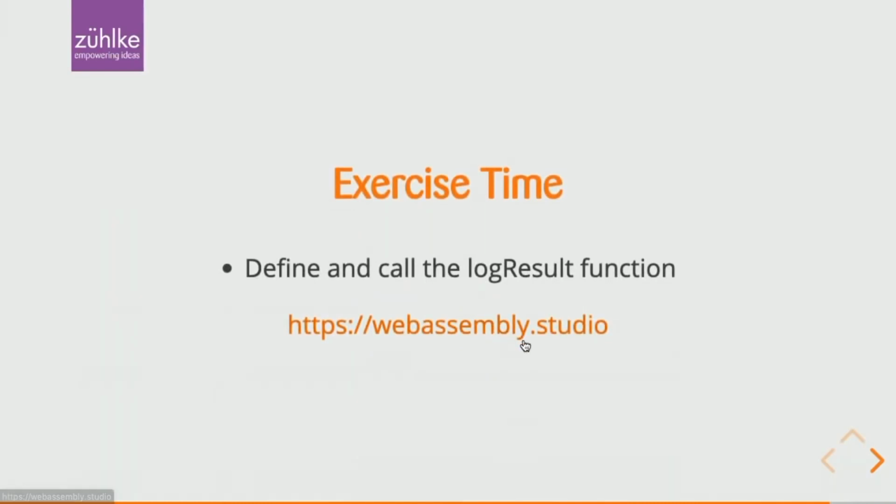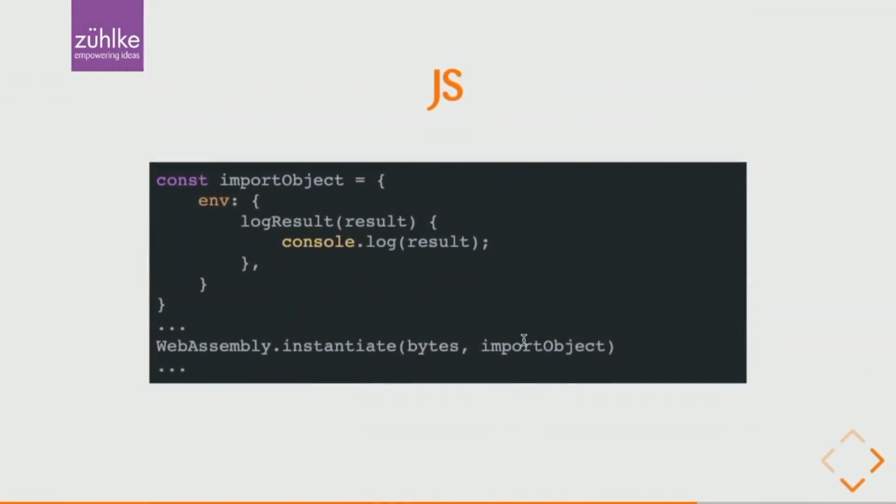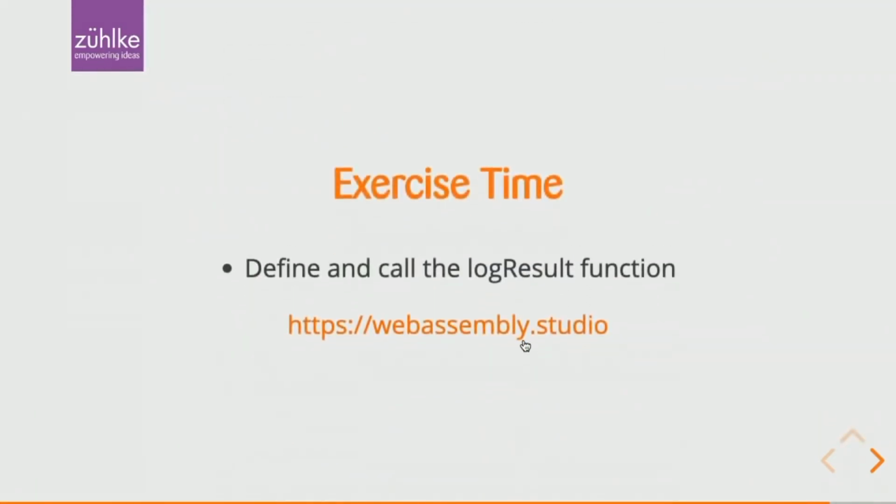In the end, you have the link again for WebAssembly Studio. So let's try to do that. Let's try to call a JavaScript function from Rust. You have all the code examples that you use to create this exercise. Go to WebAssembly Studio and try to recreate that. If you have any questions, I'll be around. Just come and ask me or I will come to you. Let's take like 10-15 minutes, see how long you need for that, and then discuss the exercise.